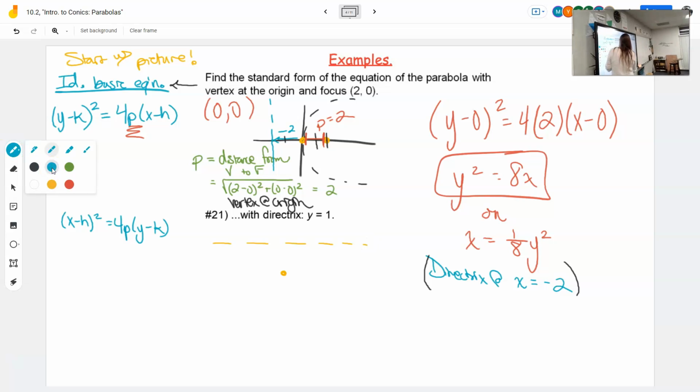The directrix never intersects a parabola, and horizontal directrices, plural of directrix, only occur when I have a vertical orientation. So therefore, if this is my case, where would my focus have been?